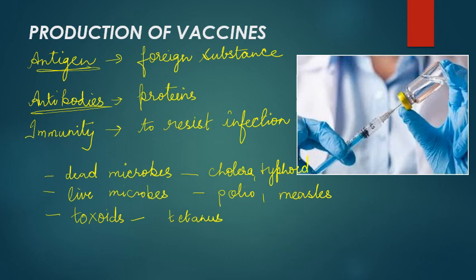The body recognizes the antigen and produces antibodies against it, and this technique is called vaccination or immunization. Through this process, it is now possible to be protected against a number of infectious diseases like tetanus, typhoid, polio, measles, hepatitis B, etc.